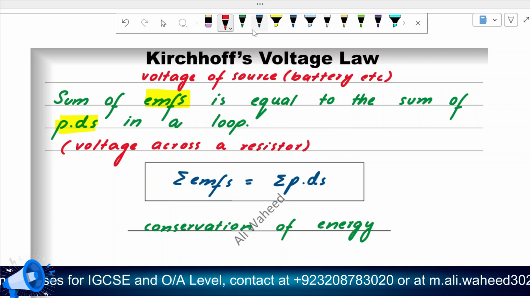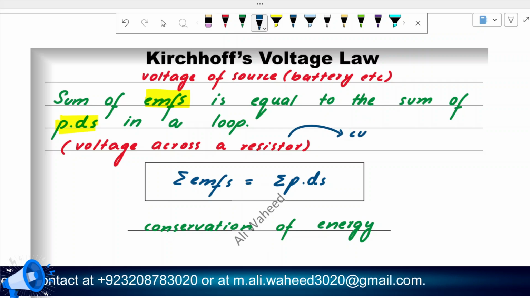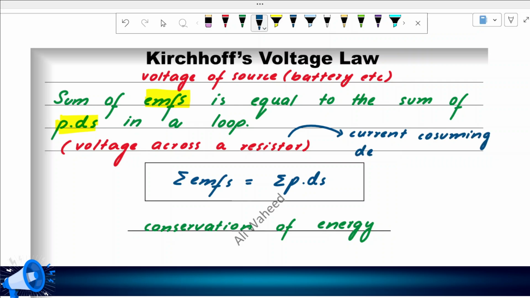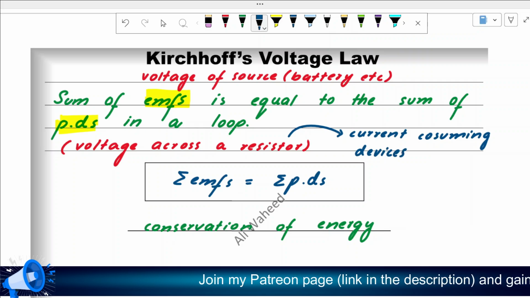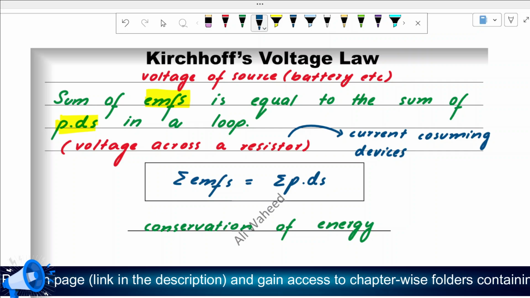And when I say resistor, it could be anything. It could be any device that consumes current. Or we can say the energy consuming device, the device across which power is dissipated or power is lost.